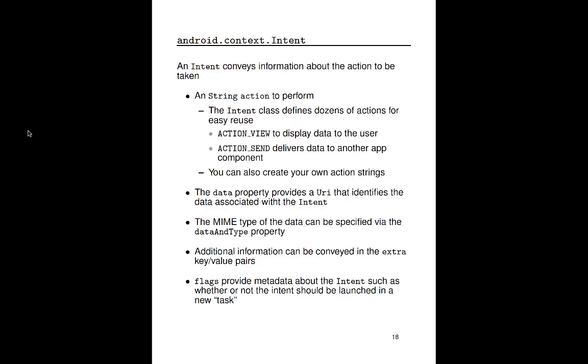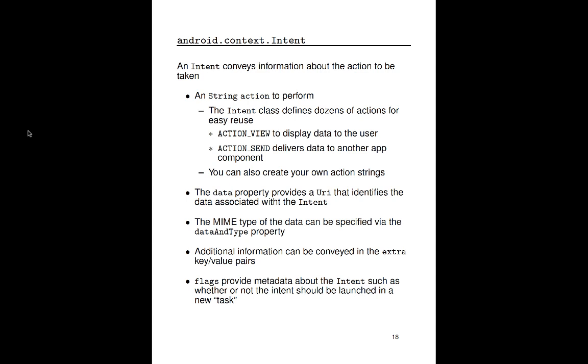In addition to information about the specific activity that should be triggered or a category of activity, the intent also conveys some additional information about the action to be taken with that activity. There's a property called action, which specifies what the activity should do when it receives the intent. There are lots of built-in actions such as view some data that was sent as part of the intent, or send the data to a different application.